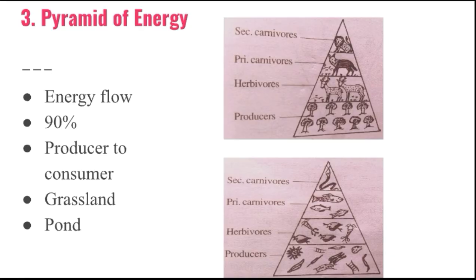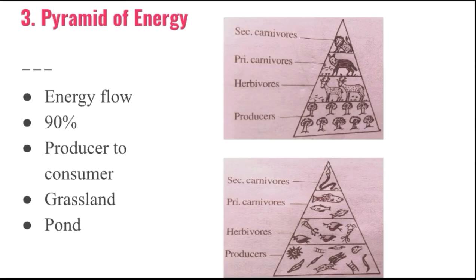In that, the energy flows in an ecosystem from the producer level to the consumer level.